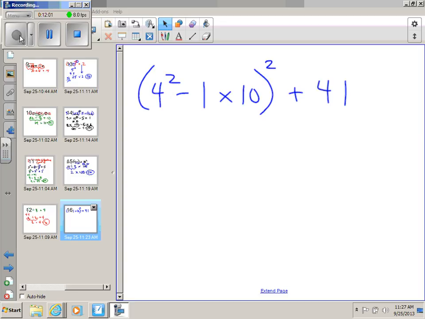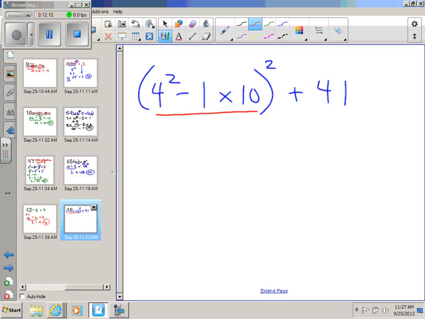As we go through our steps, our order of operations, step 1 is parentheses. Now, we already talked about how I've got multiple operations within that set of parentheses. So within that set, we already said that the exponent should be done first.